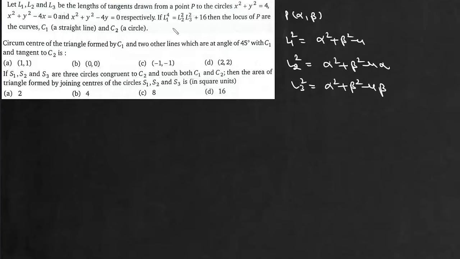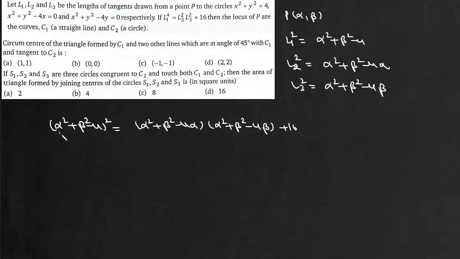Now we are given that L1 to the power 4, that means alpha square plus beta square minus 4 whole square, is equal to alpha square plus beta square minus 4 alpha into alpha square plus beta square minus 4 beta plus 16. Now we'll take this as first term and minus 4 as second term.